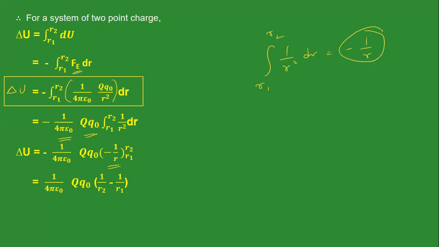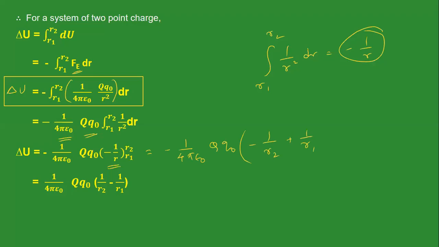So we write: 1 upon 4 pi epsilon 0, Q into Q0, minus 1 by the upper limit R2, then minus multiplied by minus gives plus 1 upon R1.